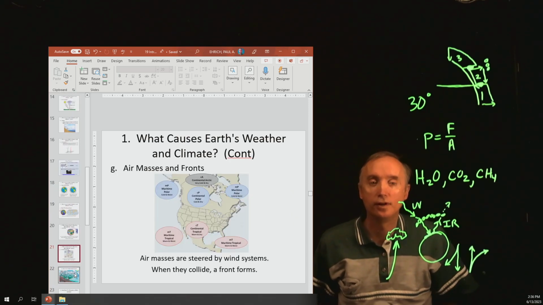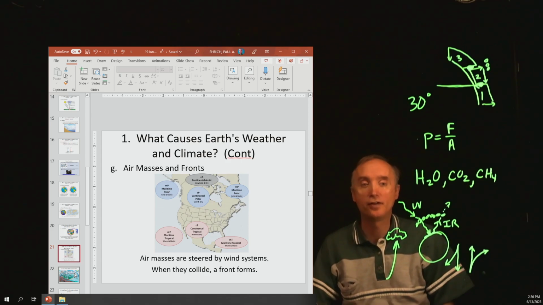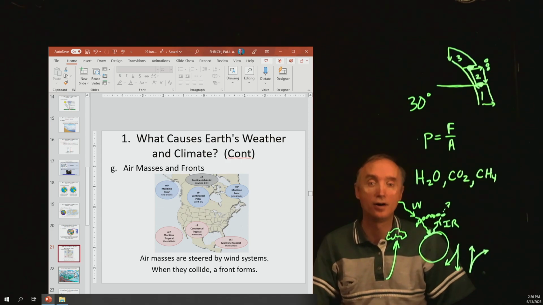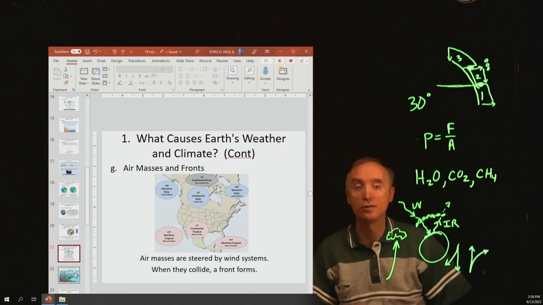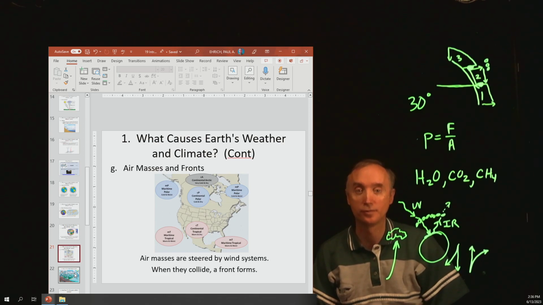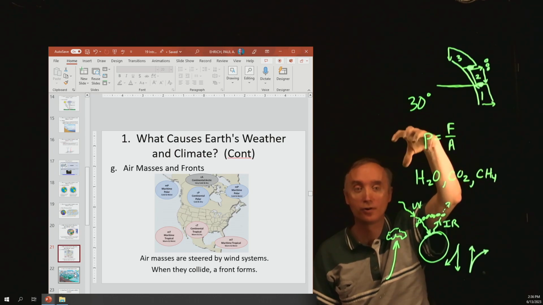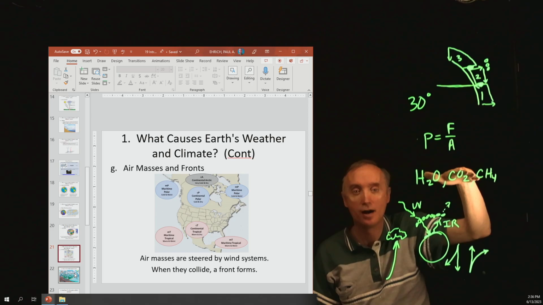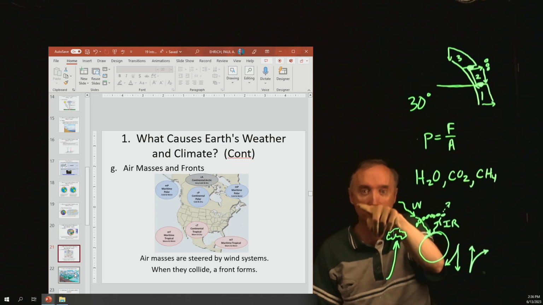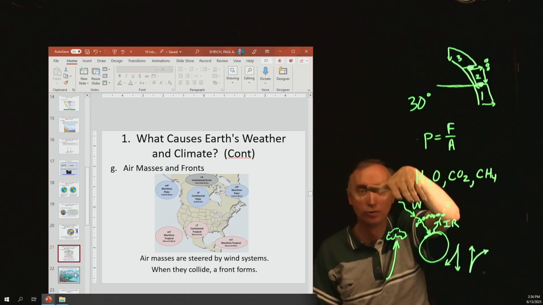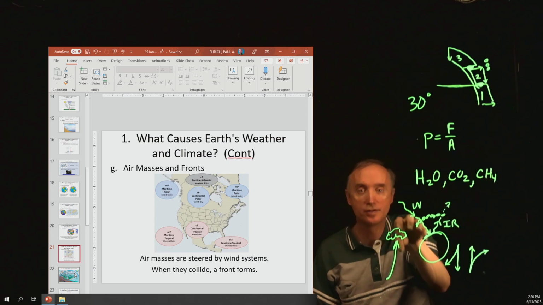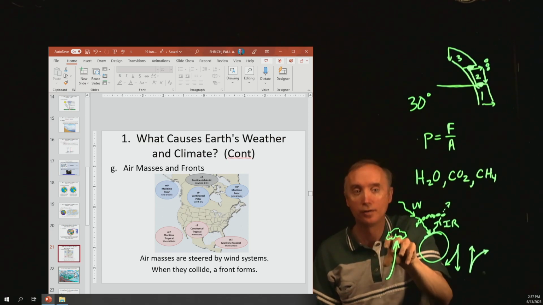Then we need to include the effects of temperature on weather, and also the effects of moisture. So in the northern hemisphere, up by the North Pole, it's cold. When you're at the equator, it's very hot. So you notice you got the blue stuff up north, so that's cold weather. You got the red stuff near the equator, that's the hot weather.